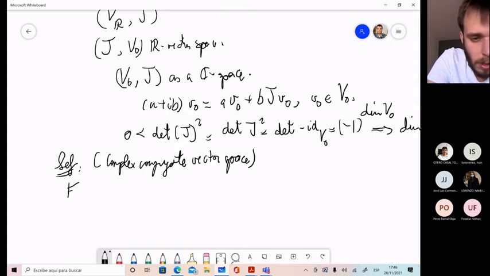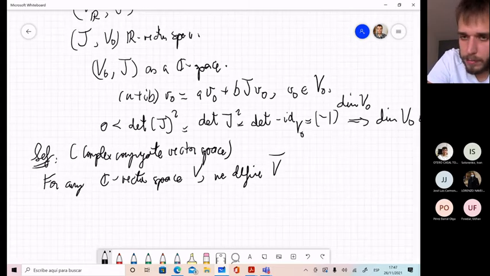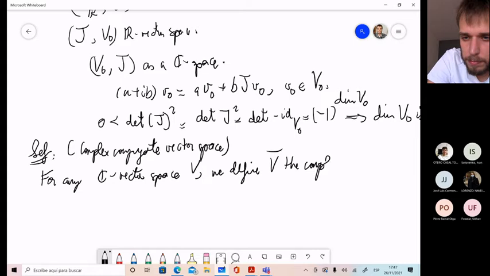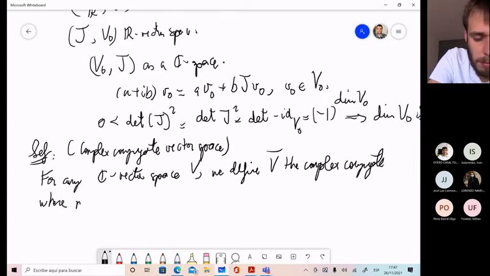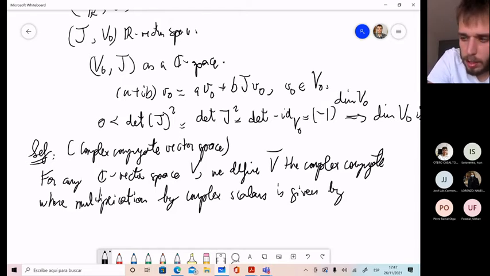For any C vector space V, we define V bar, the complex conjugate, where multiplication by complex scalars is given by the following.